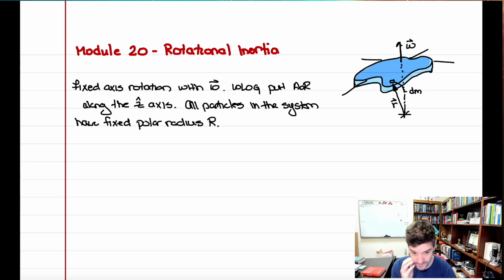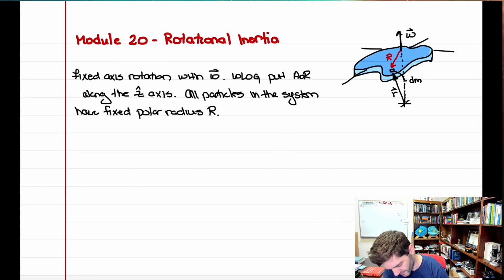I'll use capital R. Based on this drawing, the polar radius might be the distance that goes from the axis of rotation to the particle, but has no z component.